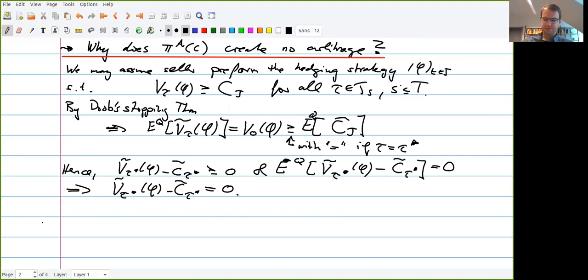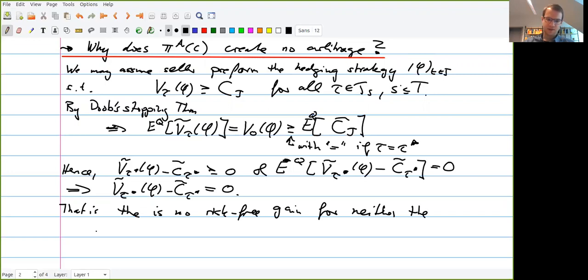So in other words, if the buyer and the seller act optimally, there is no gain for either side on average, that is, there is no risk-free gain for neither the buyer nor the seller.